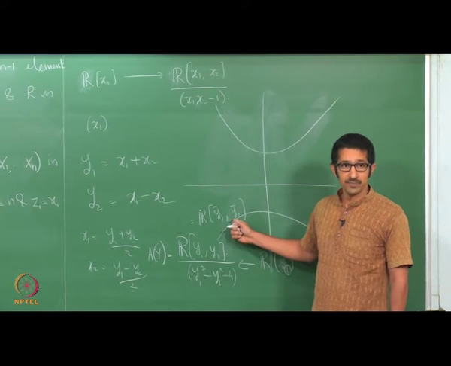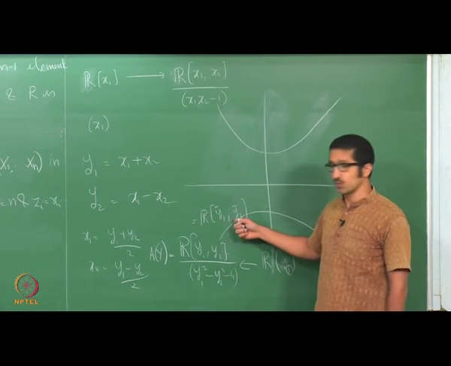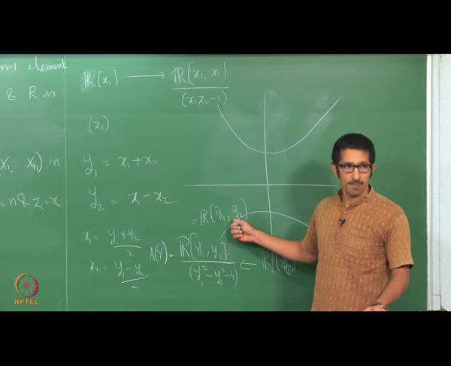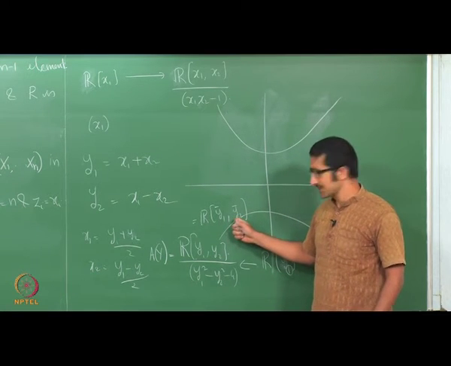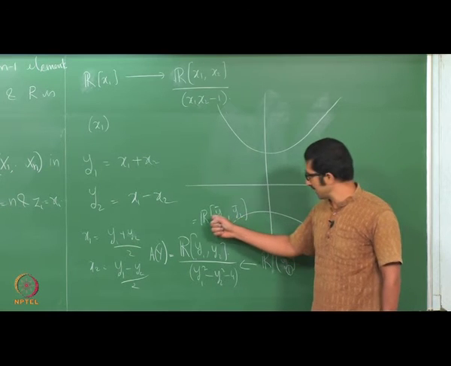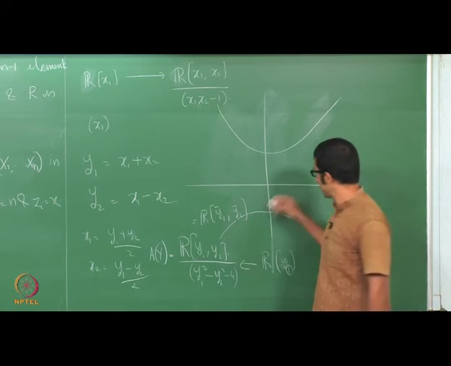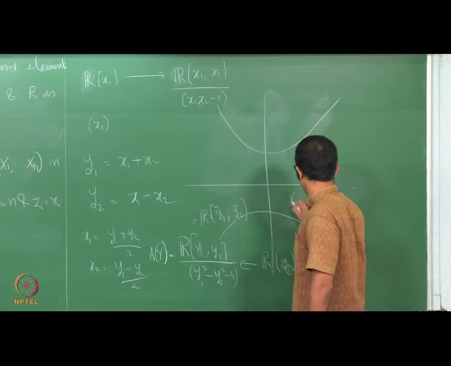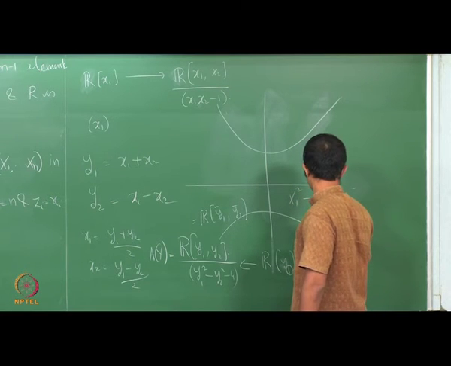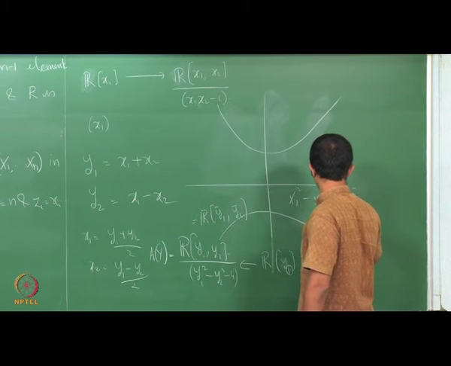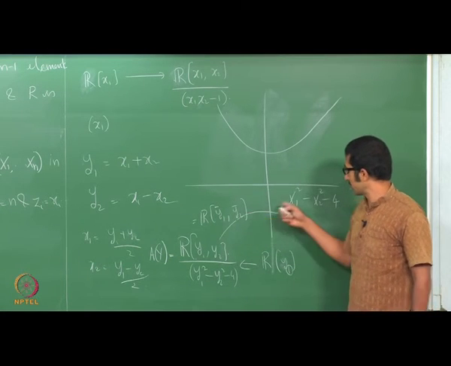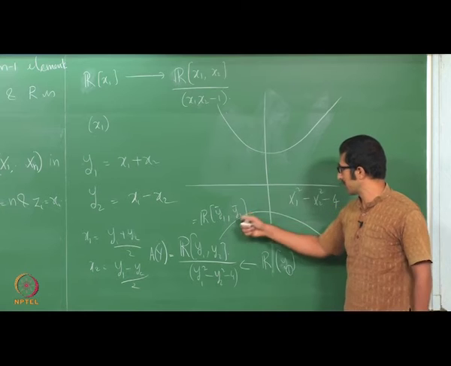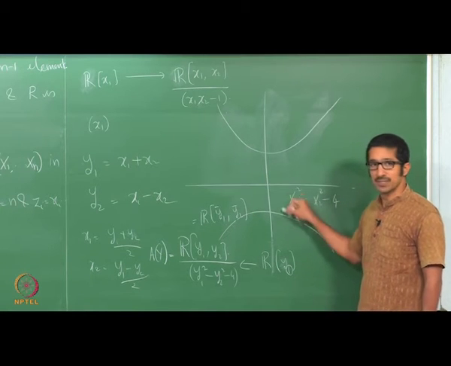What is that? y1 square minus y2 square is 4. So, these two are not algebraically independent. If I take the polynomial x1 square minus x2 square minus 4 and put x1 equal to y1 bar and x2 equal to y2 bar, this becomes 0.